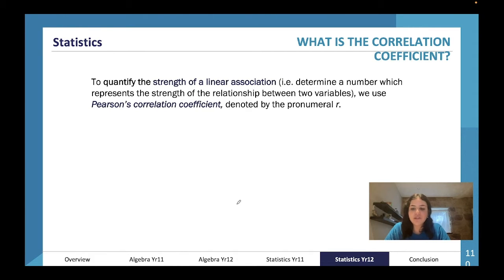To quantify the strength of a linear association, i.e. if we're determining a number which represents the strength of the relationship between two variables, we're going to use Pearson's correlation coefficient. Now here's a really confusing bit. You would hope that it's using the letter C or P. No. Pearson's correlation coefficient is demonstrated by the letter R. So Pearson's correlation coefficient is R.